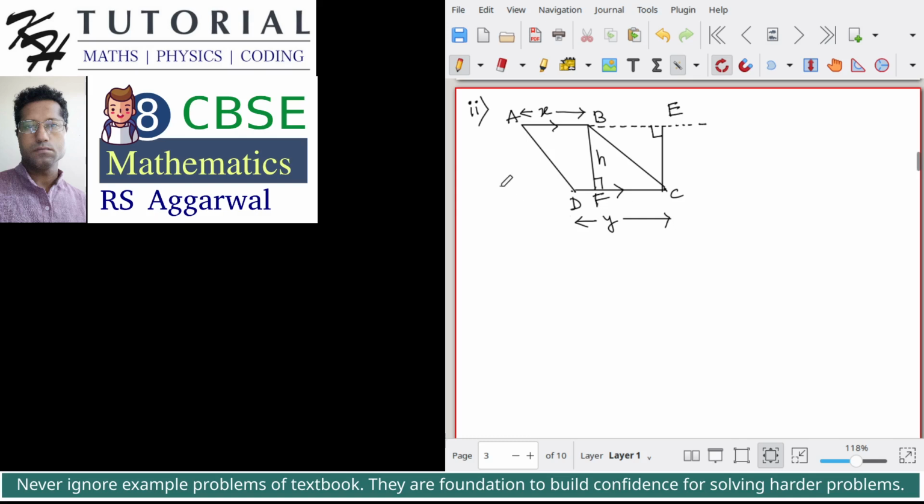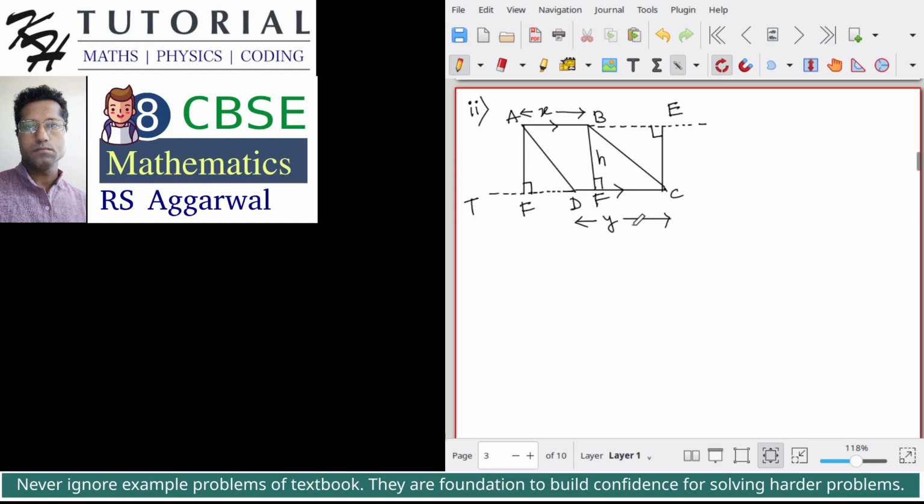Also, let's extend the side DC also, and let's say this be T, and draw a perpendicular AF on the extended side of DC.